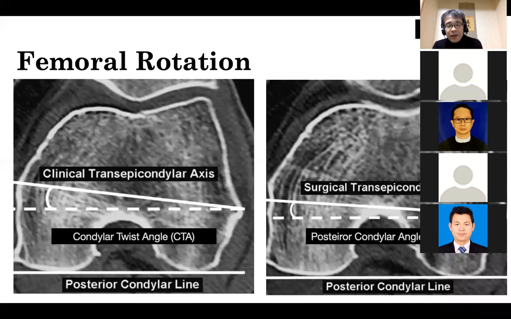So normally, the surgeon adjusts this angle between 3 degrees and 5 degrees. In my operation, I design this angle as 3 degrees in all cases. It should be the best. Okay.